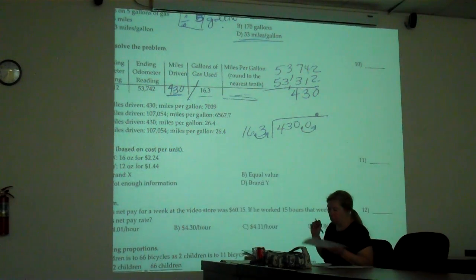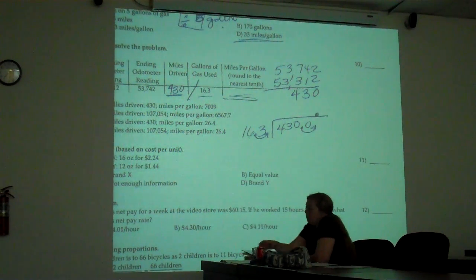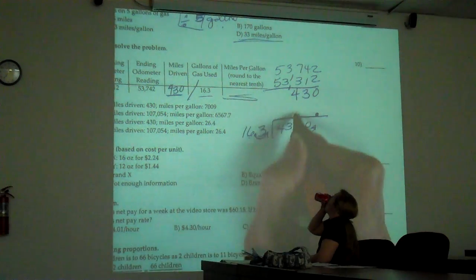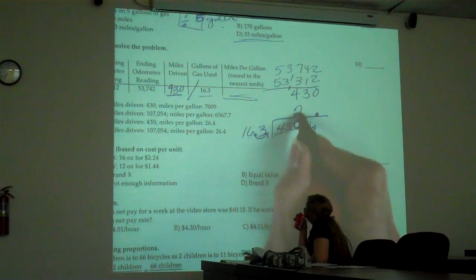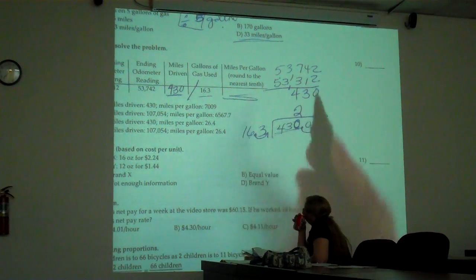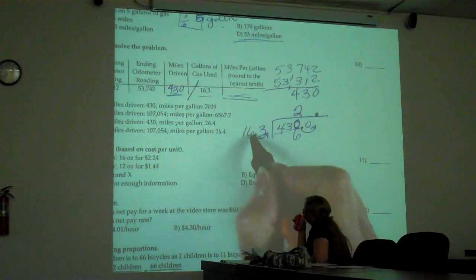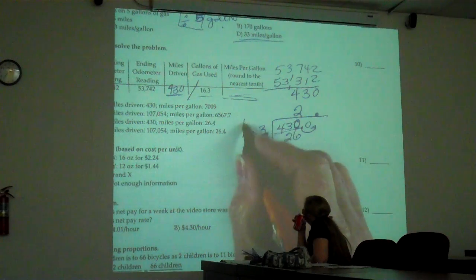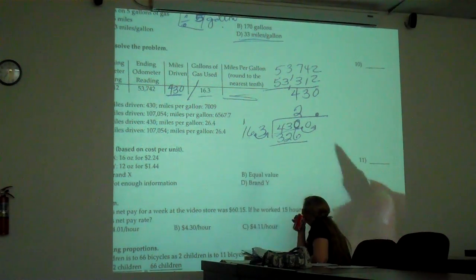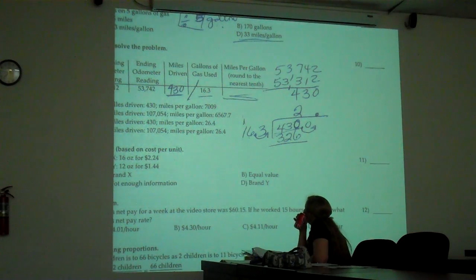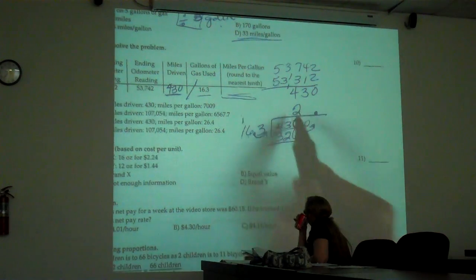Now we're dividing by 163. So that's probably going to go 2 times right here, because it's going to be a 3-digit number. 2 times 3 is 6. 2 times 6 is 12. 2, 3. And that will go another 163. We know the 2's right.